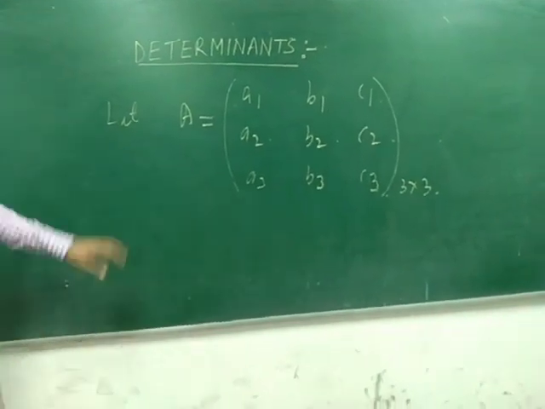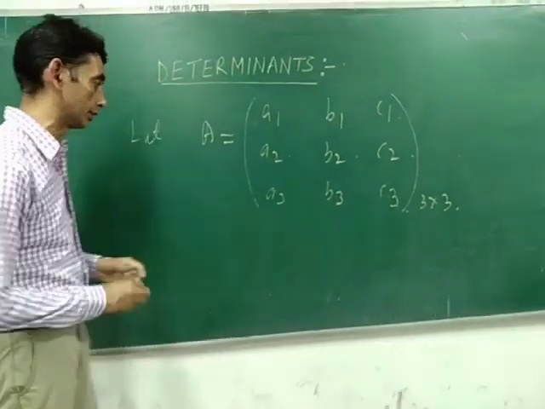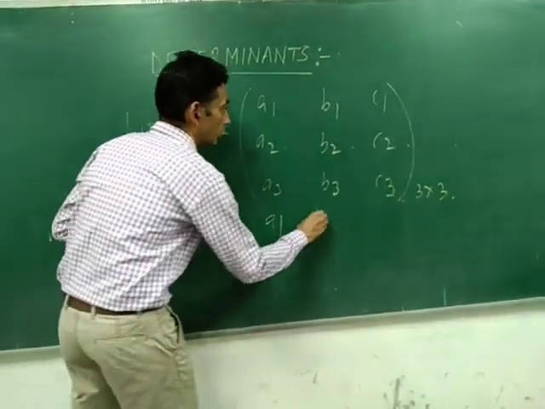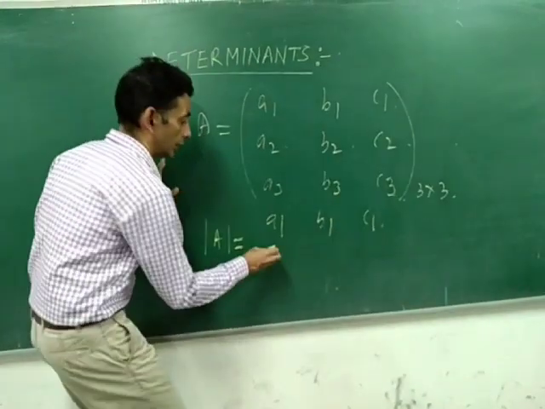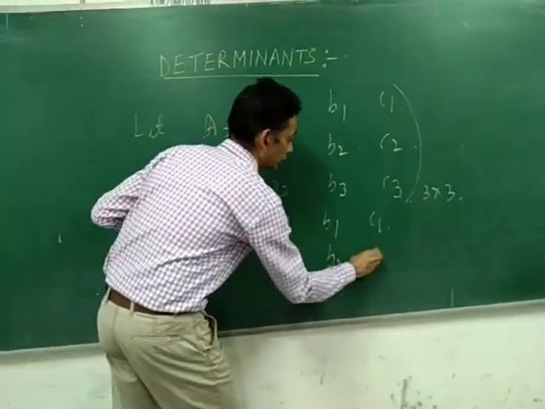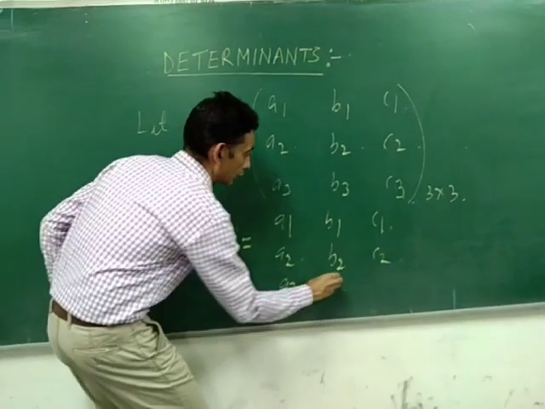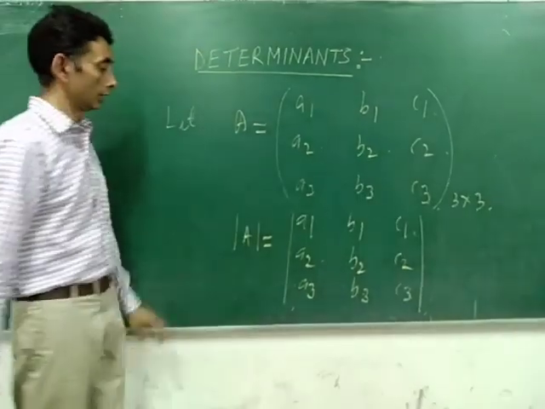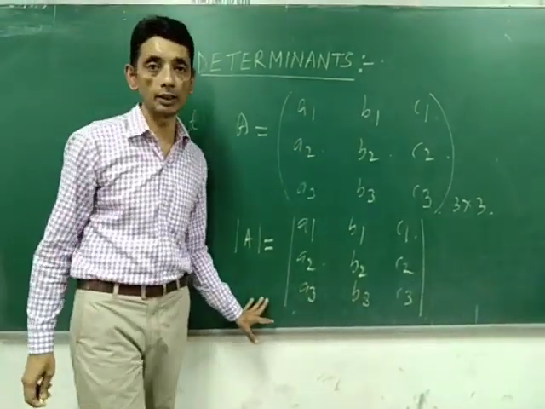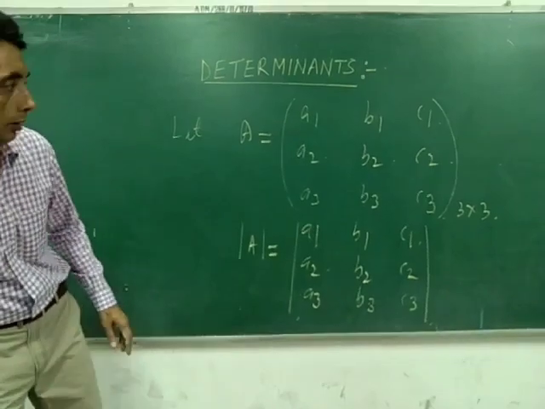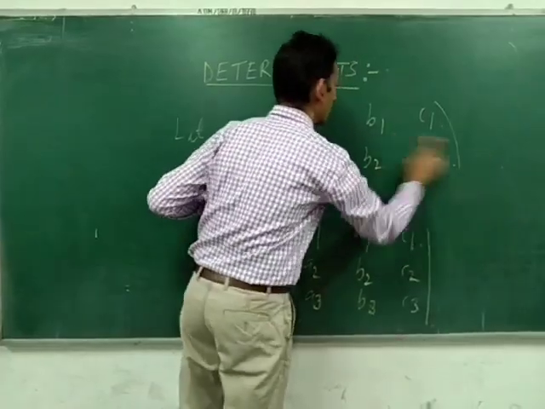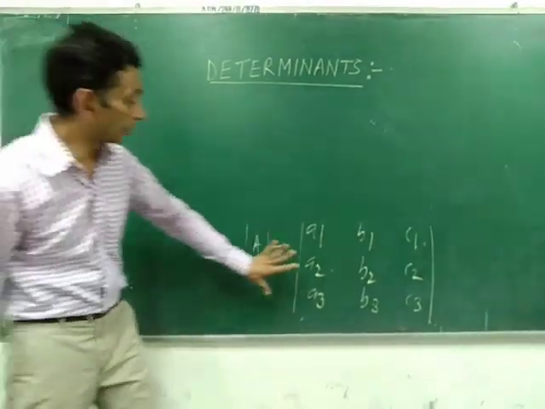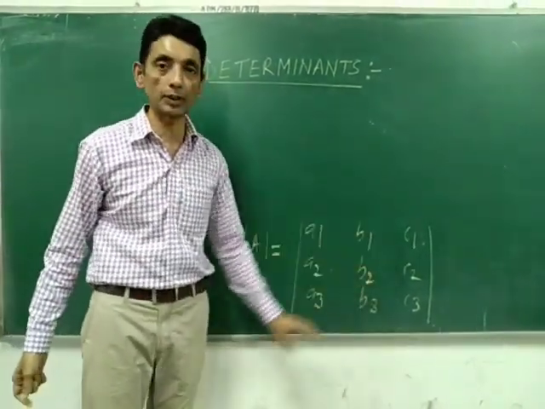If we convert this matrix to a determinant, then you can write determinant A as a1, b1, c1, a2, b2, c2, a3, b3, c3. This determinant of third order has certain steps to learn. So how do we expand it? First, we are going to expand this determinant with the help of the first row.